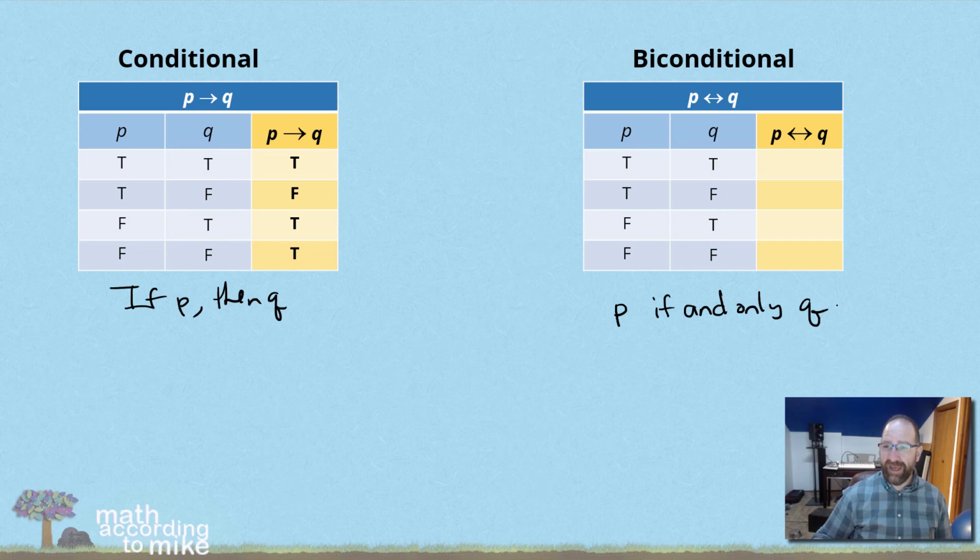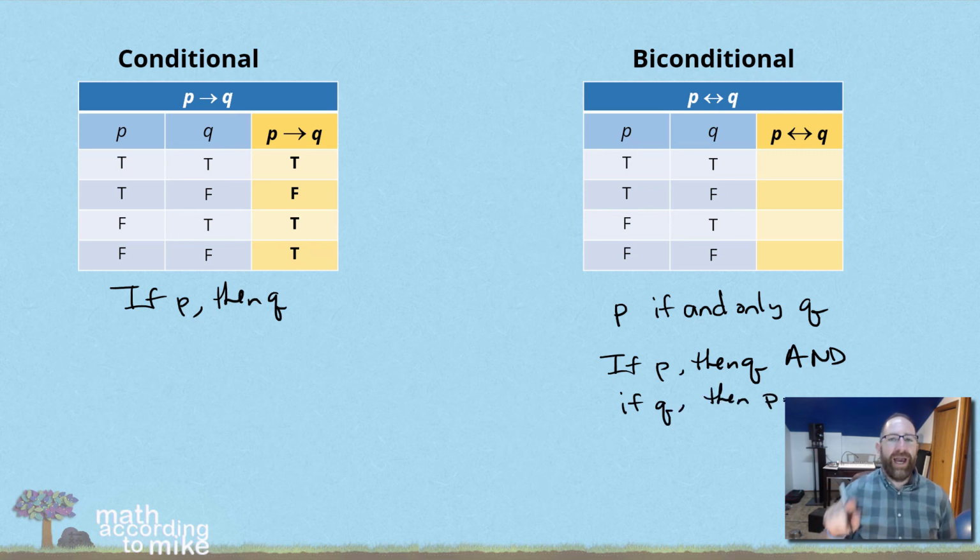There's another way you can say if and only if. If P then Q, and if Q then P. We got an and there. What does and say? In order for an and to be true, both parts must be true, right?